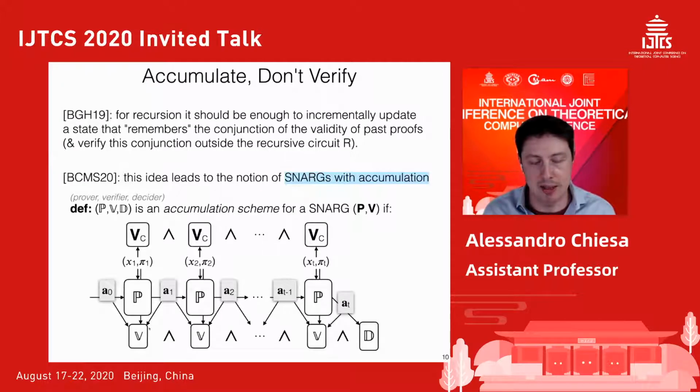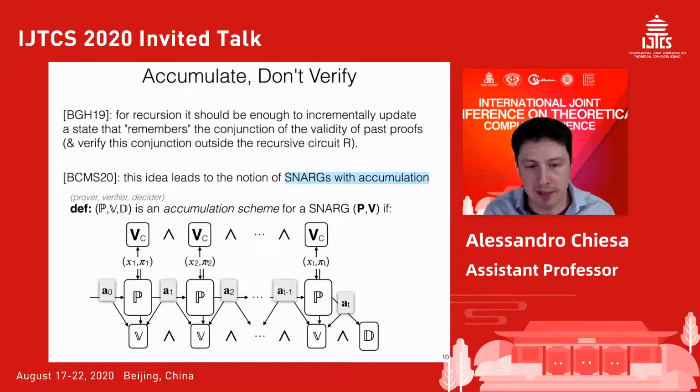A good mental picture that is not necessarily technically correct is that you can think about A2 as a random linear combination of this statement and this statement, so that you only need to check the random linear combination rather than each of them independently. This is not exactly what's happening because maybe the statement you're proving is not linear. But let's say for linear statements, this is roughly what would happen. A1 would be just this statement.